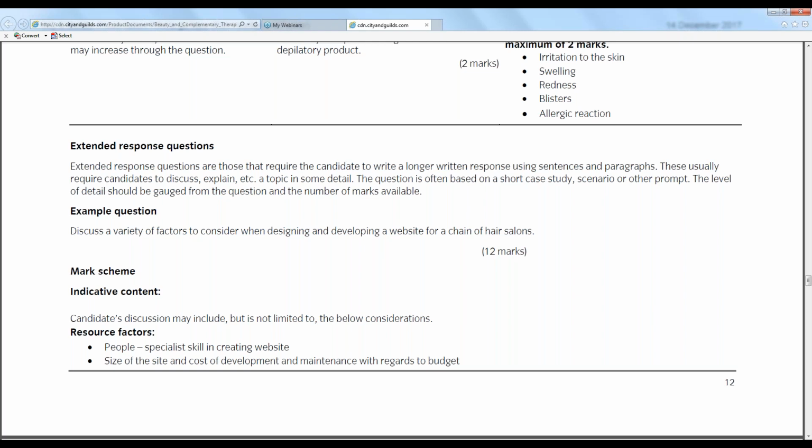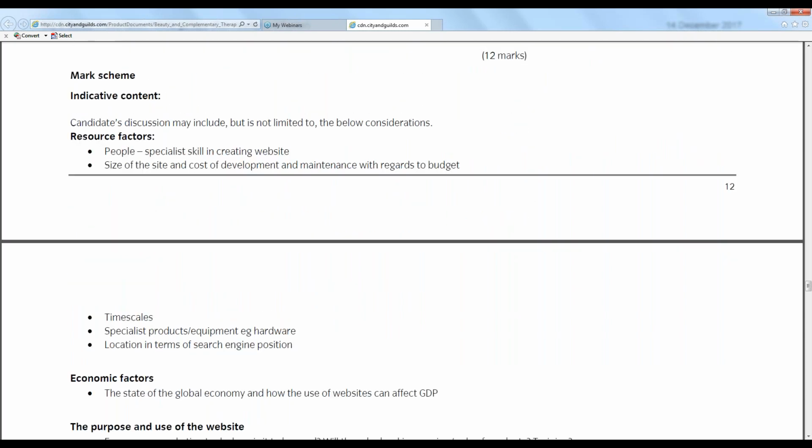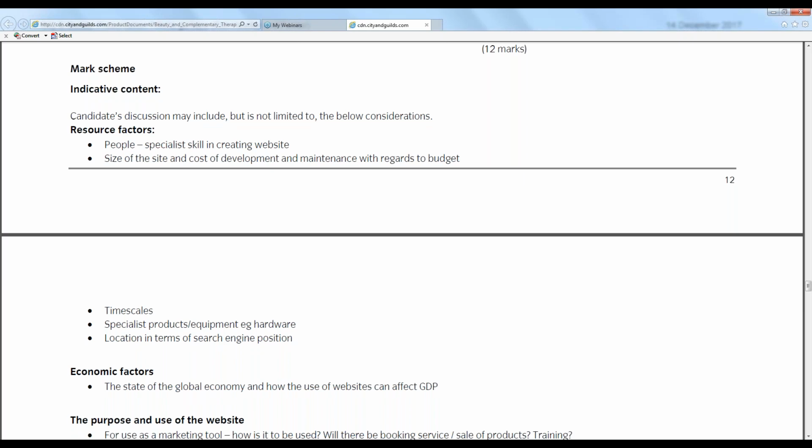So what we've done here is we've given you some indicative content: key headings that you can share with your learners to help them prepare for a case study extended response question. Under this, they've got to write something about resource factors: people with specialist skills in creating websites, the size of the site, the cost of development, timescales, specialised products and equipment, location in terms of search engine and position.